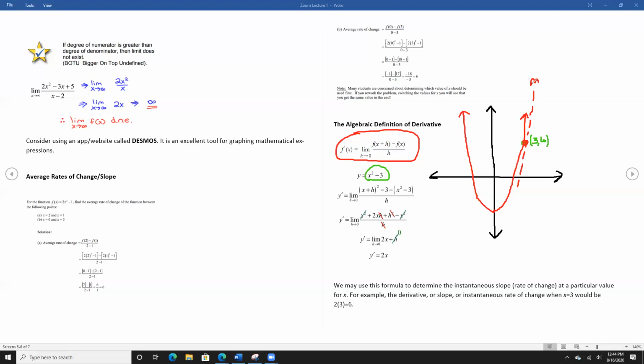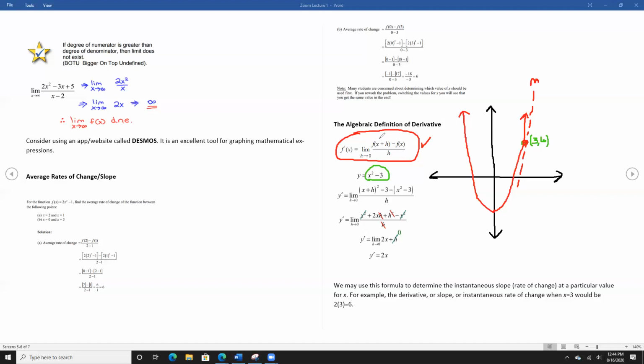If I want to know the slope of the line when x is 3, first I need to figure out the general equation for the slope, or the derivative. So I fall back to this formula here, f of x plus h minus f of x over h as h approaches 0.